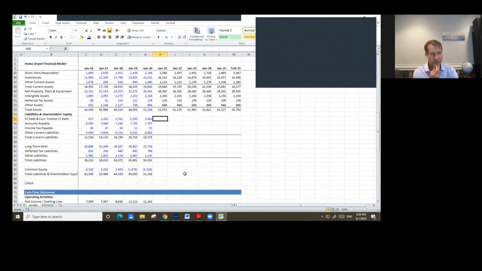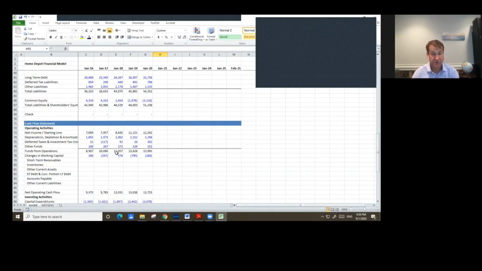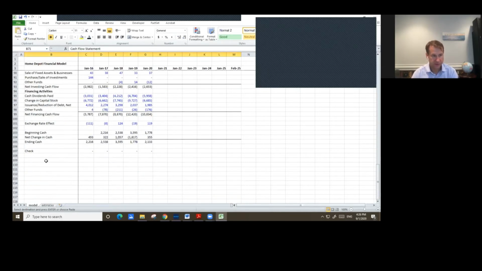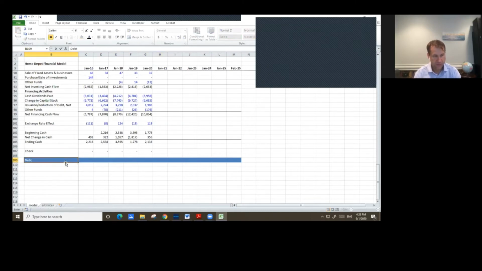Short-term debt and current portion of long-term debt. So getting into the liability side. I would like to set up a special debt schedule. So let me create another section here called debt schedule.